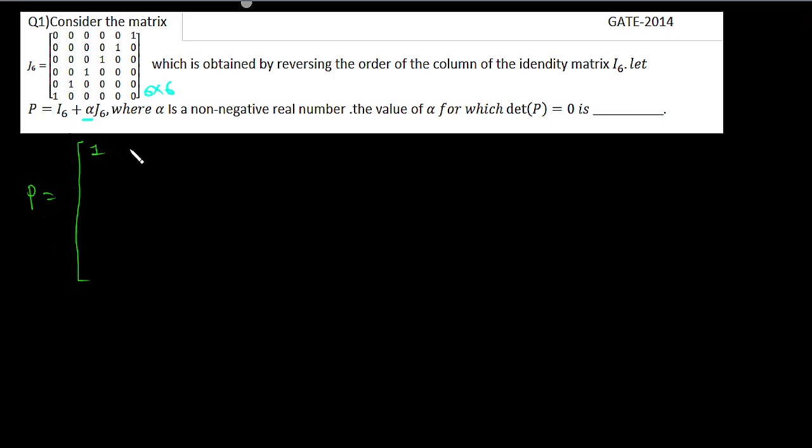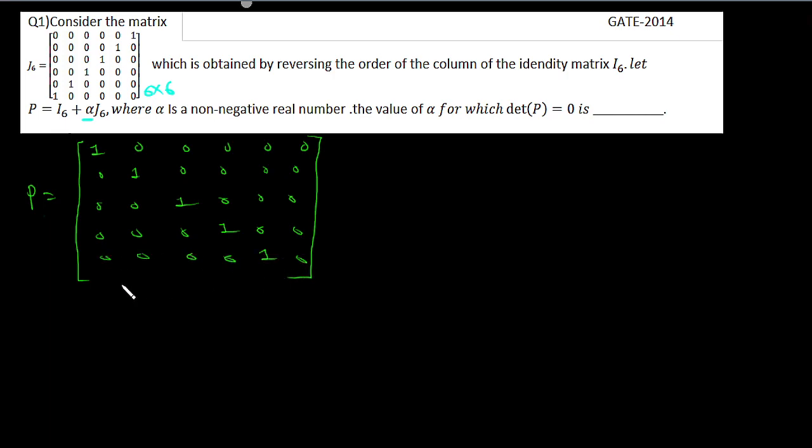So here 1 0 0. Let's write the whole matrix. Here we add alpha times J6.